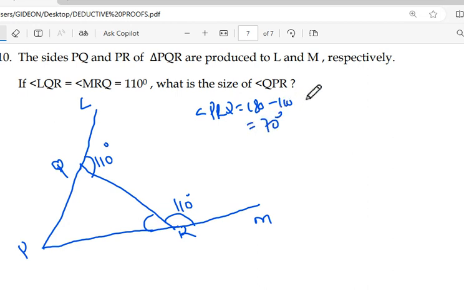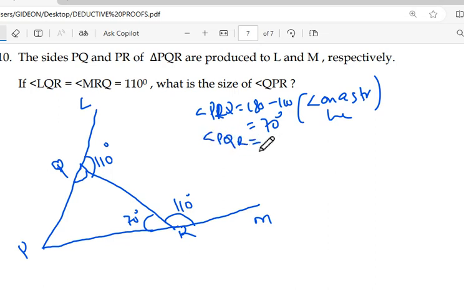So that's angle on a straight line. So this is 70 degrees. This is angle PRQ. So angle PQR is the same thing here. This is a straight line. So that's 180 minus 110, which is equal to 70 degrees. The same thing, angle on a straight line. So this is also 70.